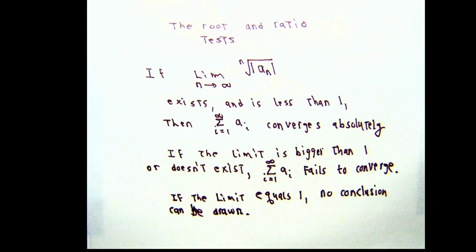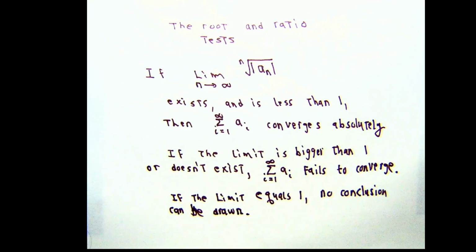The root test says this: if you take term number n, take its absolute value, take the nth root of that, and take the limit as n tends to infinity, what the value of that limit is tells you some stuff about the series. If that limit exists and is smaller than 1, the infinite series in question converges absolutely.